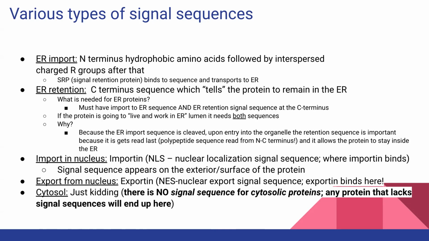If it doesn't have it, like the Golgi, it leaves and gets excreted outside the cell. The NLS, the nuclear localization sequence, is where importin binds, and it's on the outside of the protein. The export sequence is where exportin binds. And for the cytosol, it must have an ER localization sequence, but will lack any retention sequence after that.